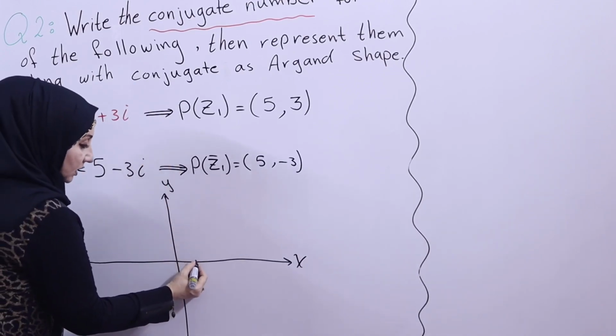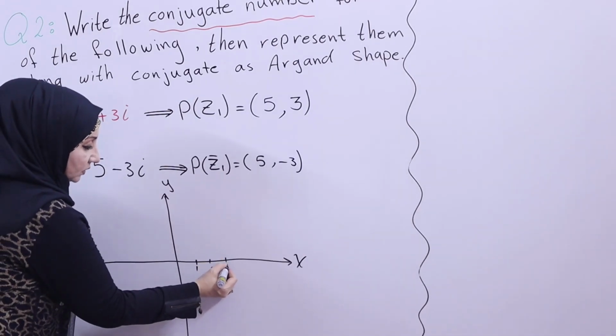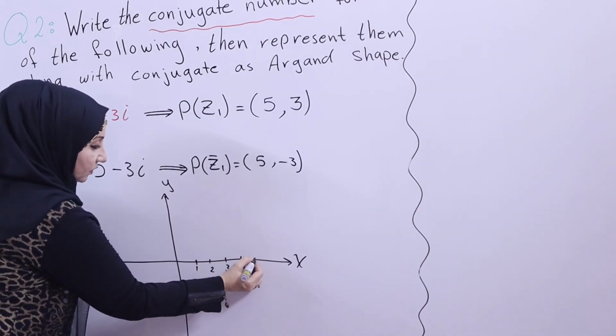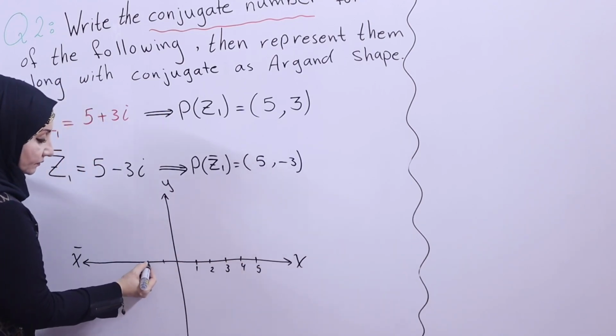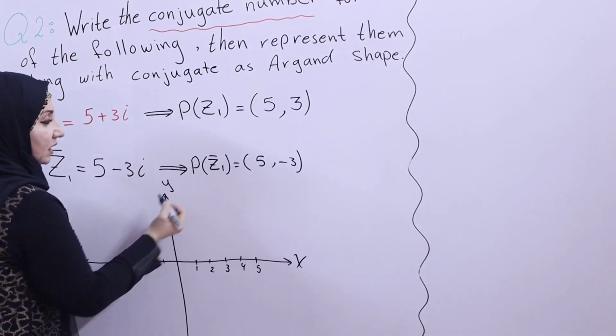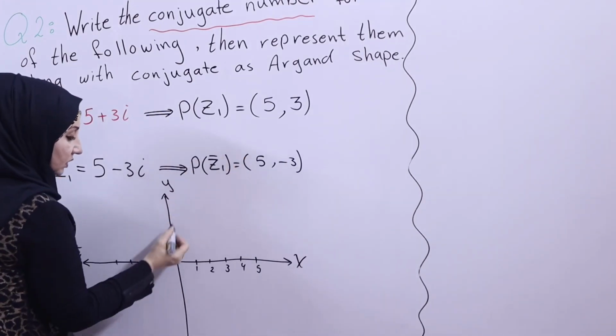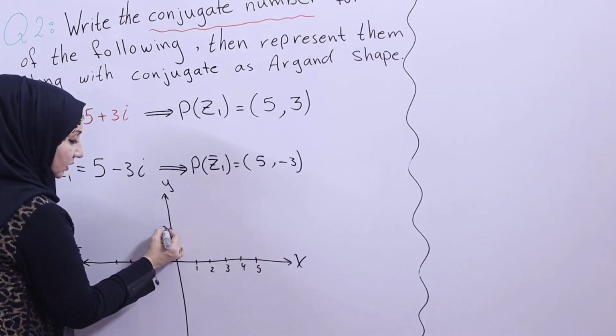So we can write the numbers 1, 2, 3, 4, 5. And here is the negative of the x-axis. And we will write the points on the y-axis.